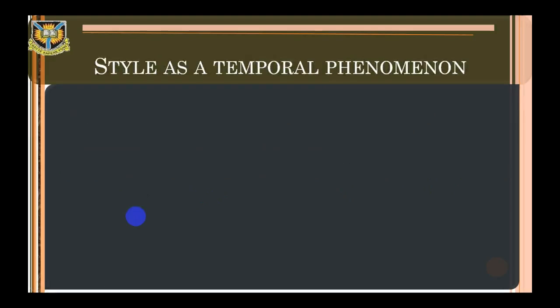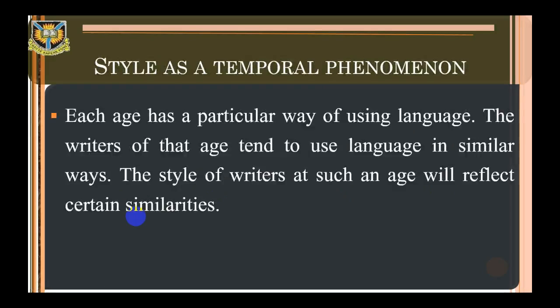Style as a temporal phenomenon. Each age has a particular way of choosing language. The writers of that age tend to use language in similar ways. The style of writers at such an age will reflect certain similarities.